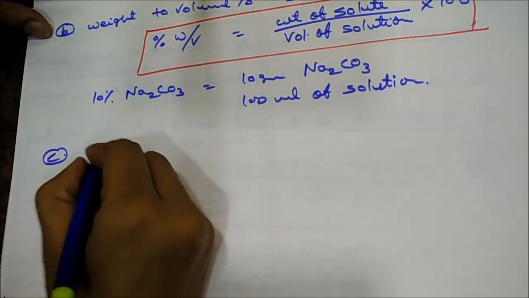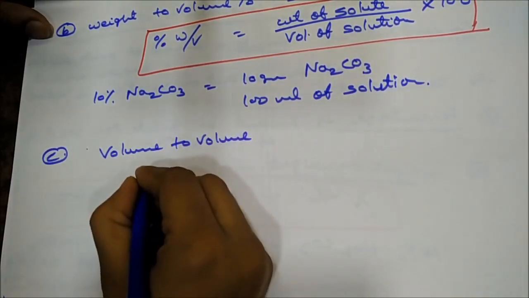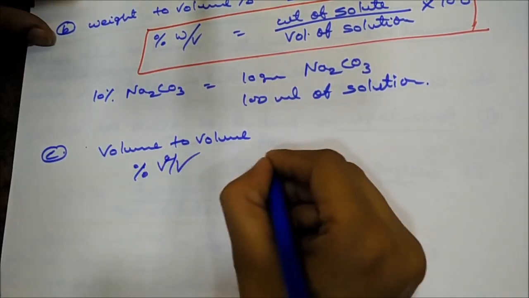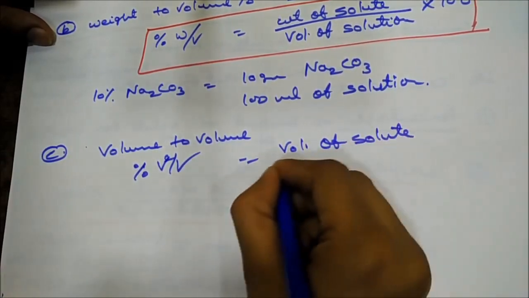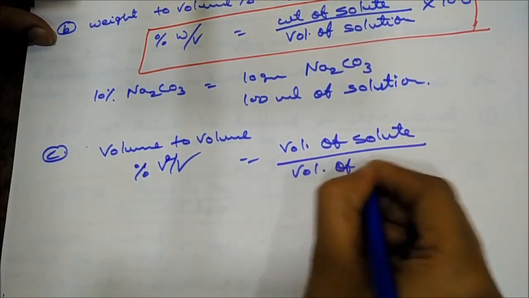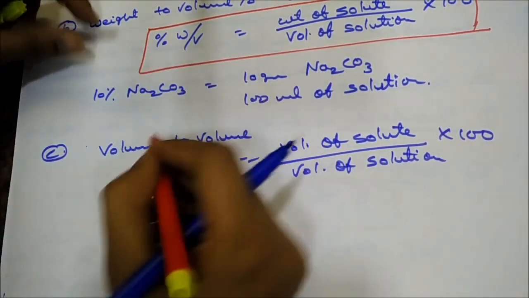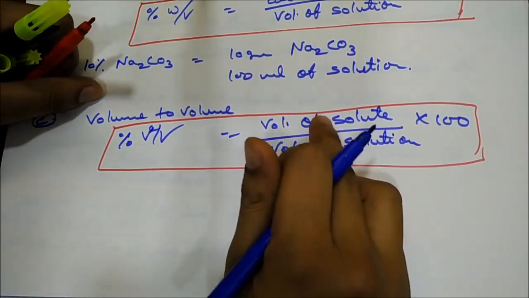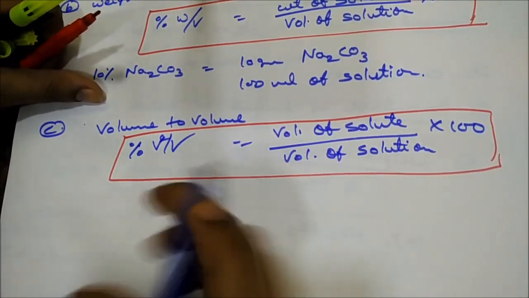The next is volume to volume percentage. For volume to volume, we need to write volume of solute divided by volume of solution into 100. This is the percentage volume to volume concentration. If we say 10% of alcohol, here both the solute and solvent will be in liquid state.